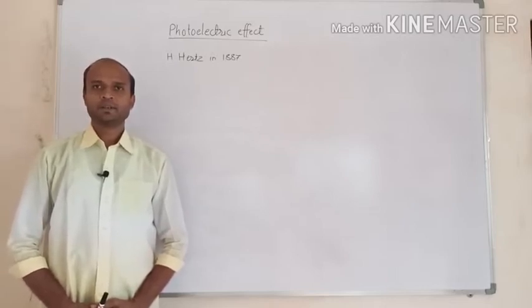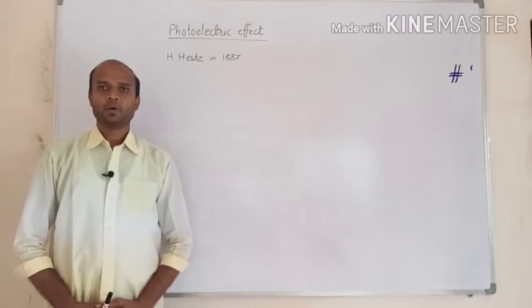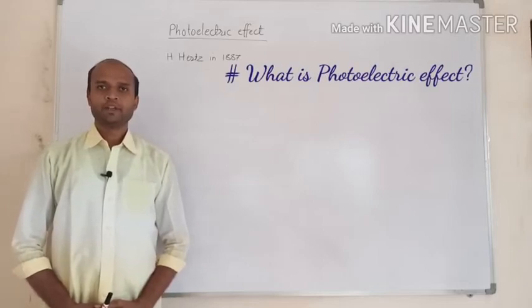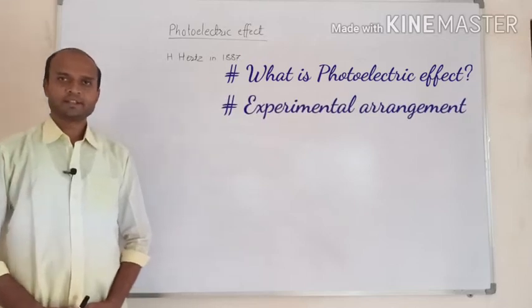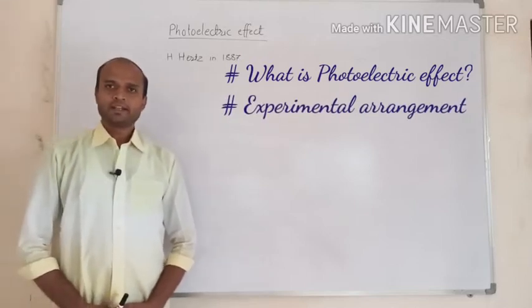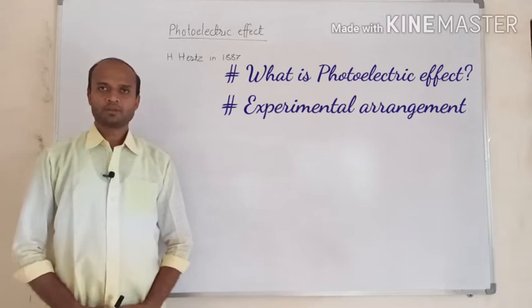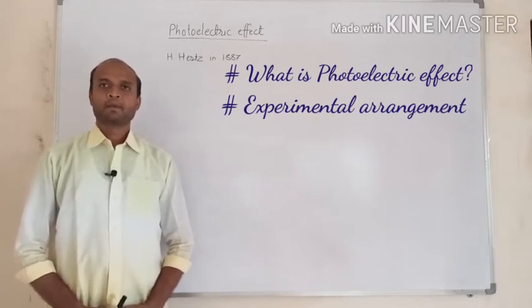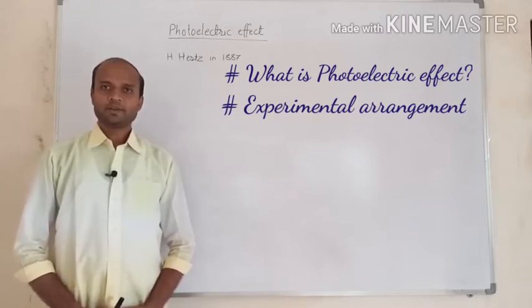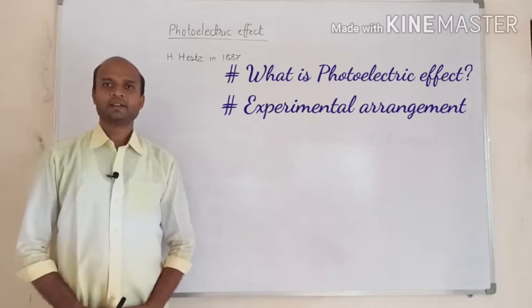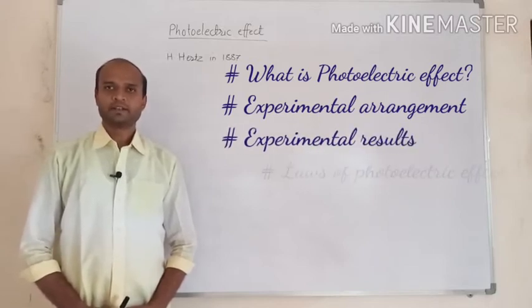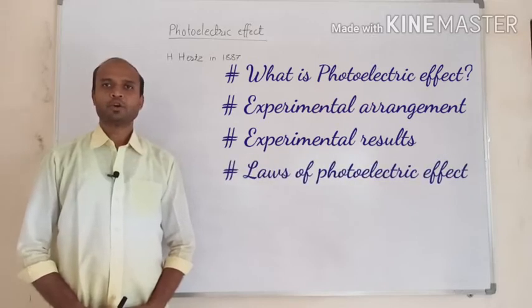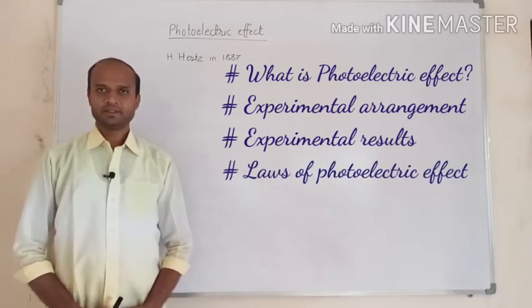In today's lecture, we are going to study what is meant by the photoelectric effect. Then, what is the experimental arrangement of the photoelectric effect? Then, the experimental results of the photoelectric effect, which are also called the laws of photoelectric emission.